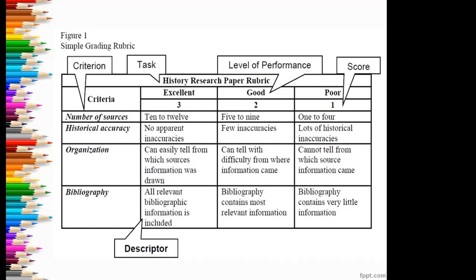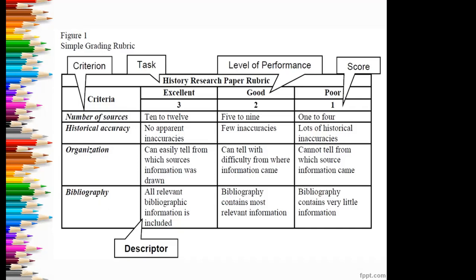And more importantly, we have the descriptors for each aspect. For instance, the excellent score, which is 3 points for number of sources, is from 10 to 12. Good, 5 to 9, and poor, 1 to 4.